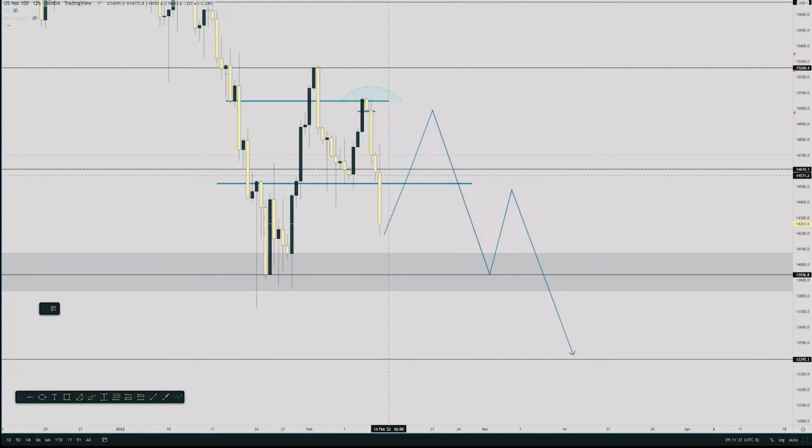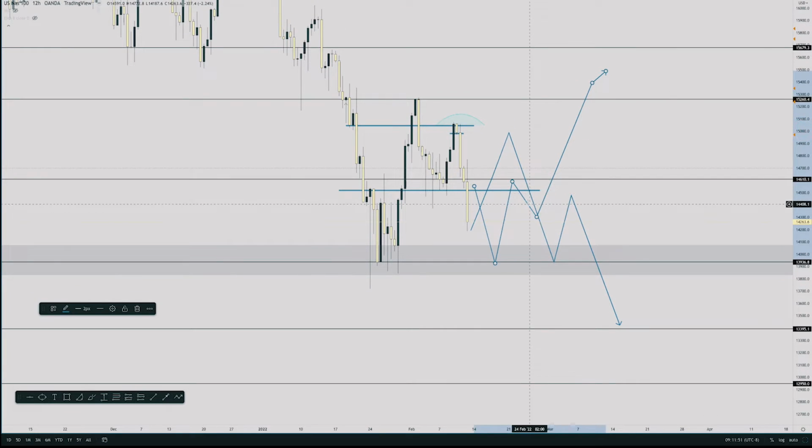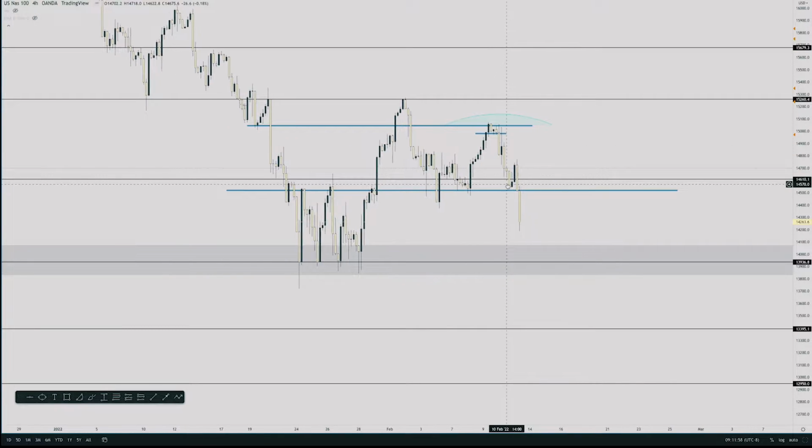I'm seeing something like this, down, perhaps a pullback, right? We could either shoot up or possibly make a move like that, higher low, higher high, and continue trending bullish. Now those are the two situations I see. I know that was a little messy because of the arrows, but let's drop down to one lower time frame.